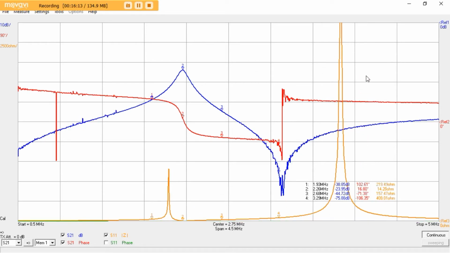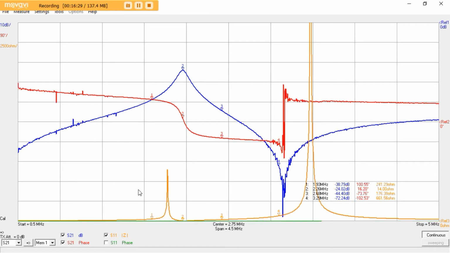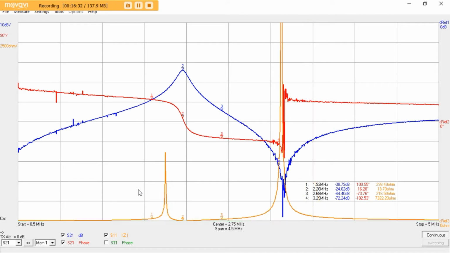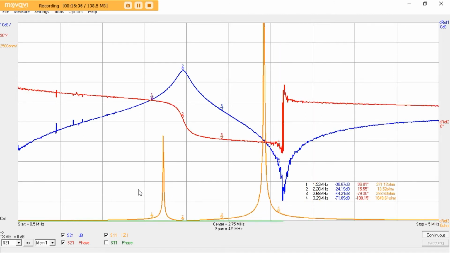Now the parallel mode due to the primary is moving down. It's moving down towards this parallel mode here, which comes from the secondary coil. As I continue to go down, that continues to progress. Very little change to the transmission gain.